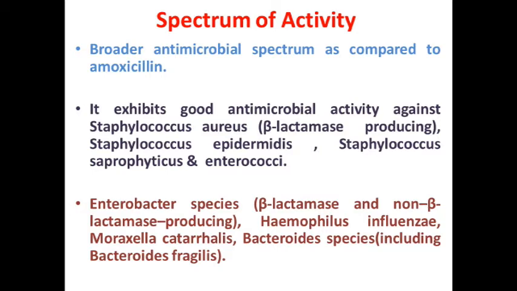So staph, strepto, enterobacter, haemophilus, moraxella, bacteroides, these are the organisms which produce beta lactamases and would be affected by these enzymes. Certain non-beta lactamase producing organisms will also come under the spectrum of amoxicillin and clavulanic acid given together.